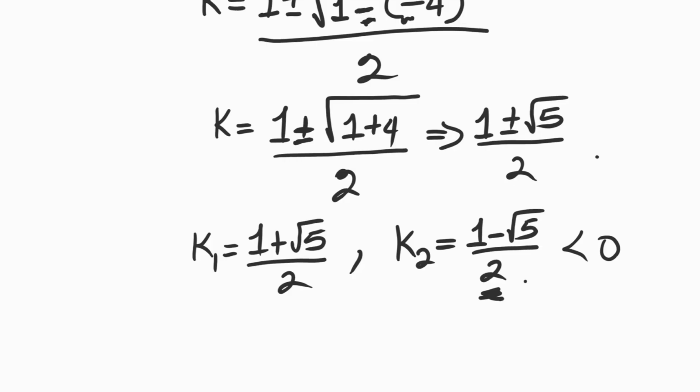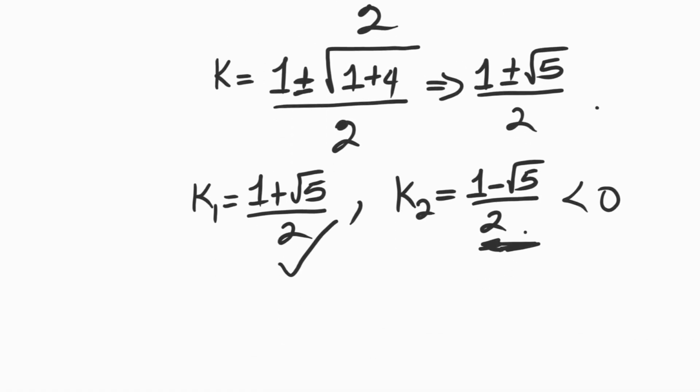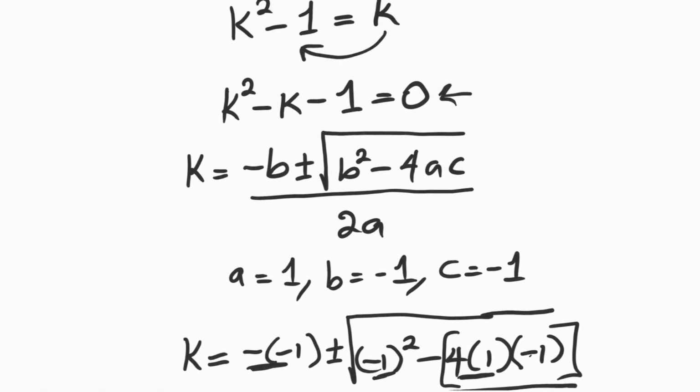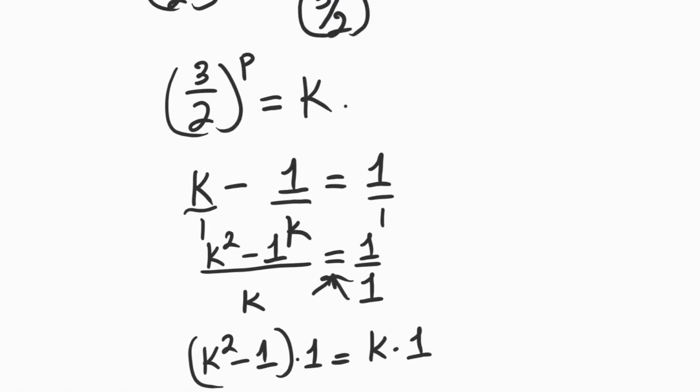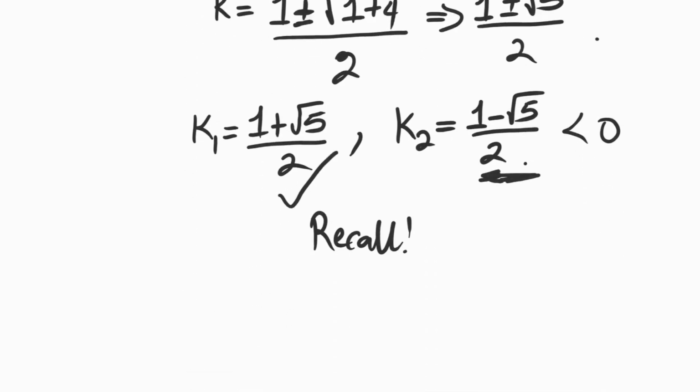So we're not going to be using k2. We're only going to stick with k1. Now we can recall, what is our k? k is 3 over 2 raised to the power p, because we're supposed to find the value of p.